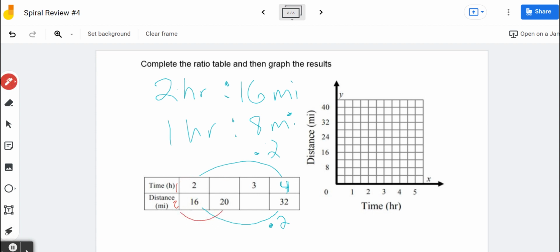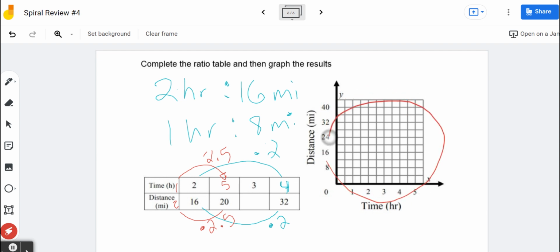To go from 8 to 20, you're going to multiply by 2.5. And for that, you are going to get 5. Once you figure out the missing value here, go ahead and graph the points, connect them with a line.